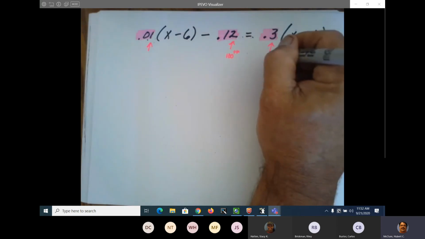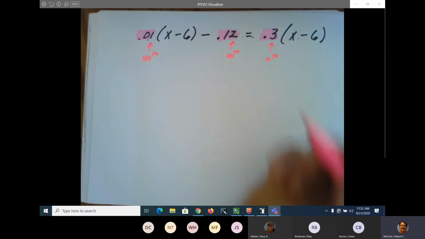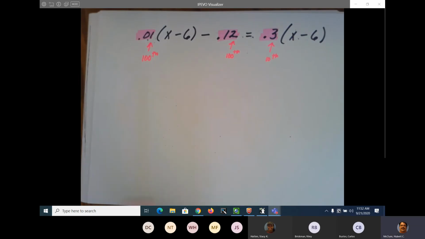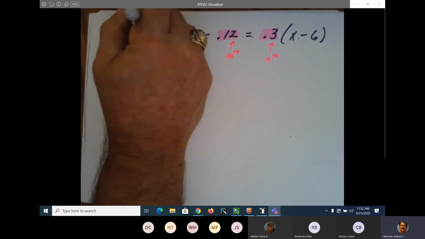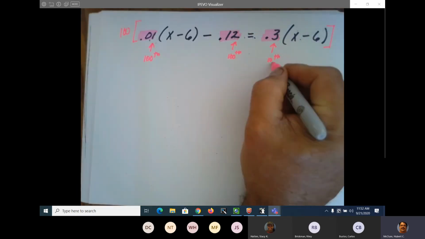So which place value is the furthest? The hundredth, furthest away. So that means you've got to multiply through by 100, no matter what this guy says.